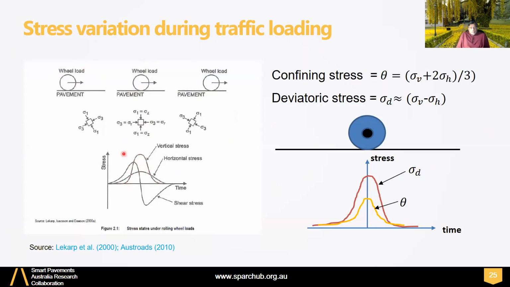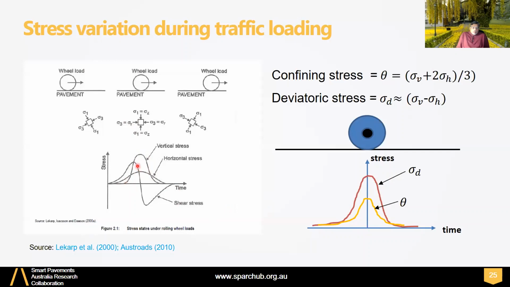When the wheel is approaching, it's developing, and when the wheel is going away, it's decreasing. The same thing will happen to horizontal stress. If we get the difference, that's the deviatoric stress, it will go like that, right? But if we get the mean stress together, then we get this kind of thing. So that's the one simulated in triaxial, the RLT test. We cycle this kind of behavior.